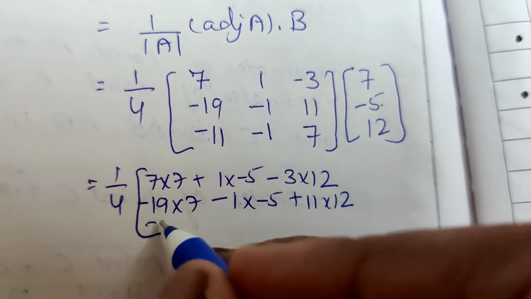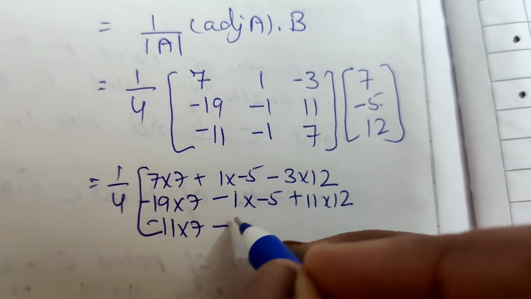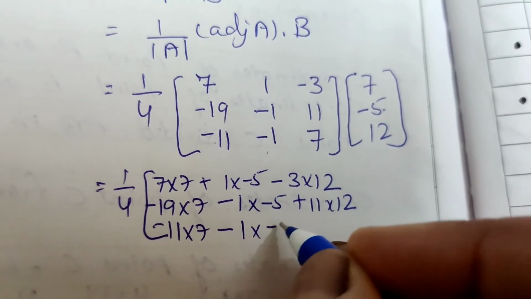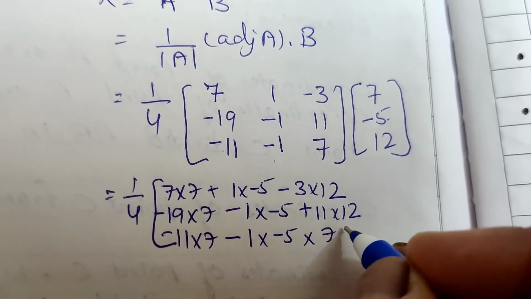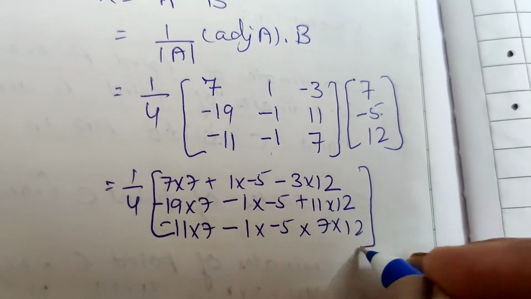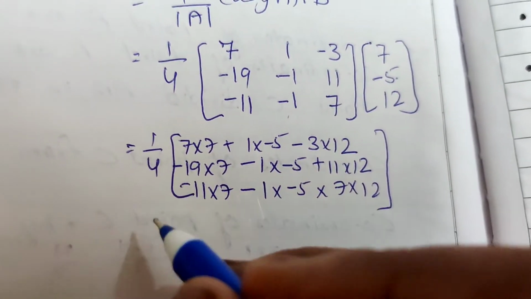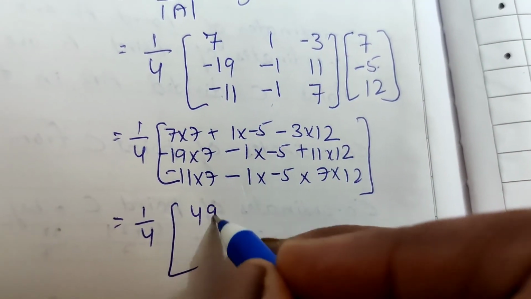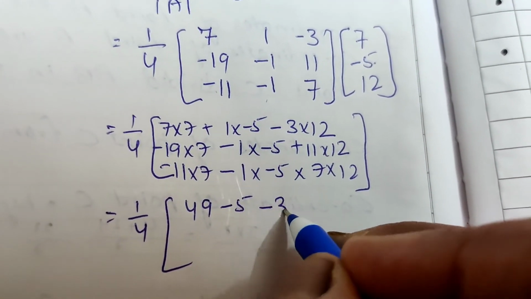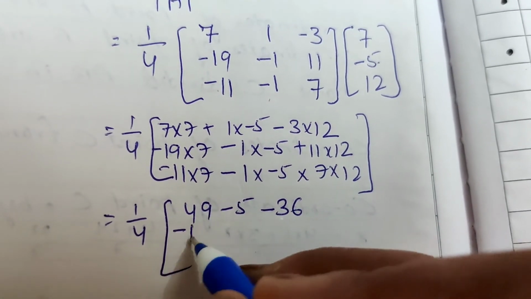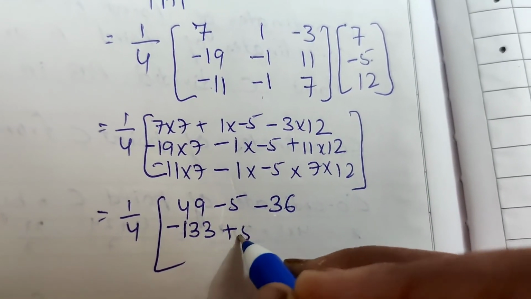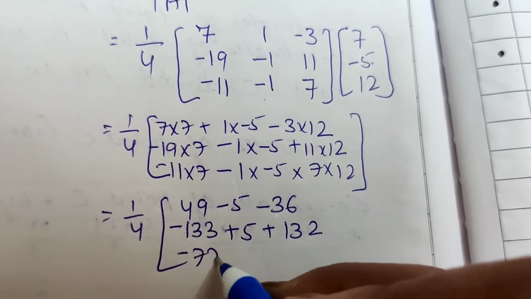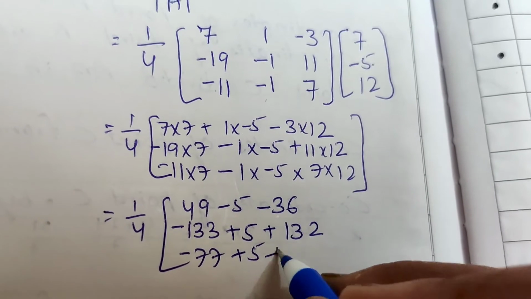Next minus 11 into 7, minus 1 into minus 5 and 7 into 12. Now compute: 49 minus 5 minus 36. Minus 133 plus 5 plus 132. Minus 77 plus 5 plus 84.